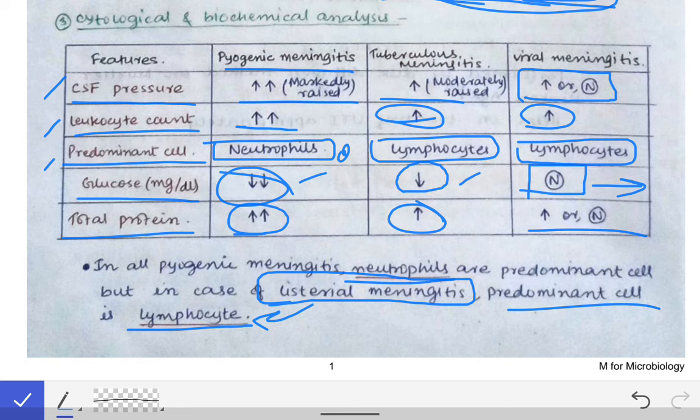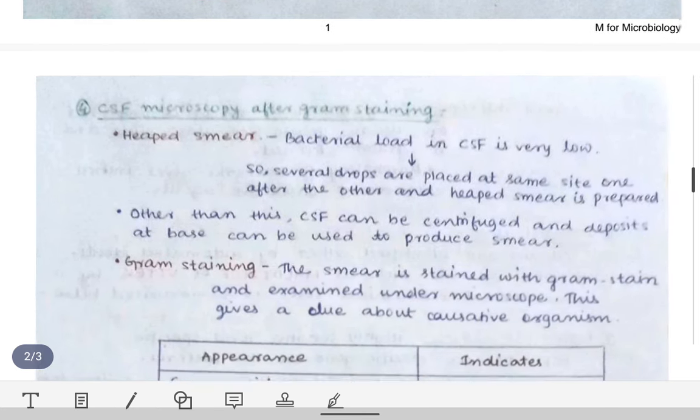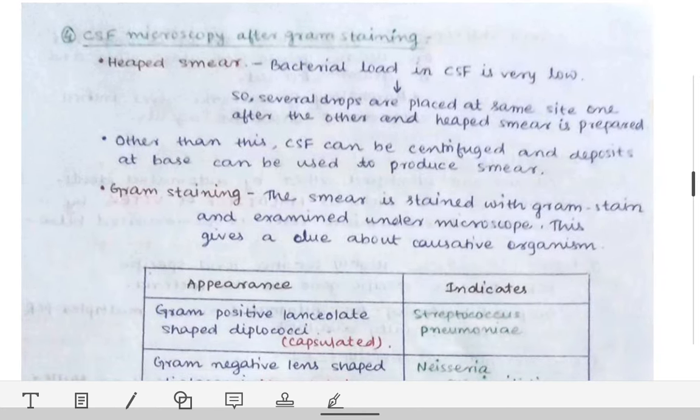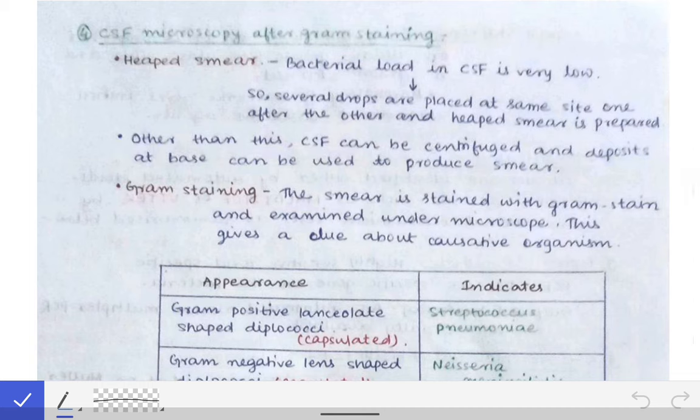Now coming to the CSF microscopy after gram staining. We will make a smear with the help of the collected CSF, and then we will gram stain the smear, and after gram staining we will examine it under the microscope.